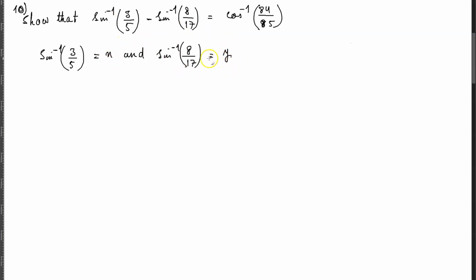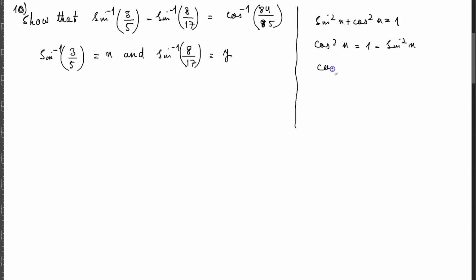What you can do is that you know that sine squared x plus cos squared x is equal to 1, which means that cos squared x is equal to 1 minus sine squared x.